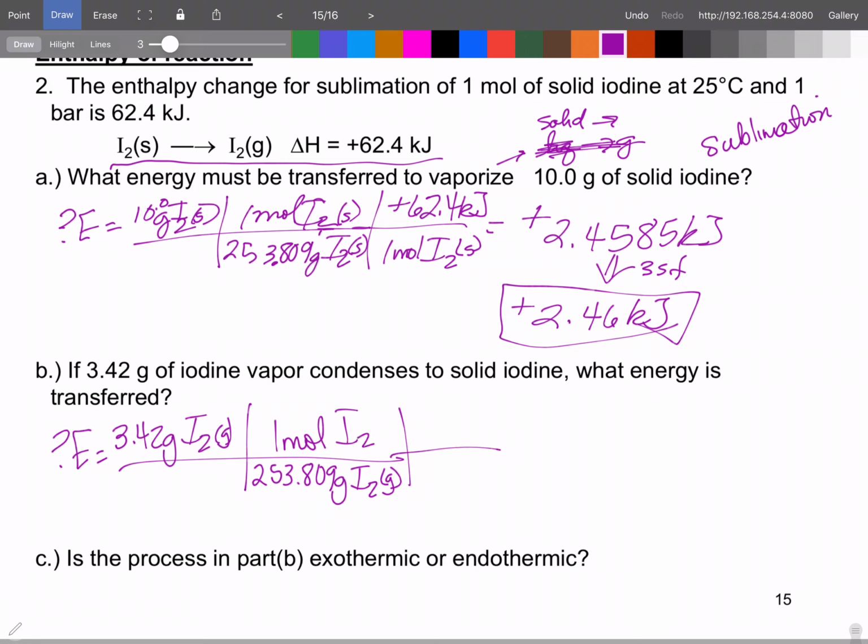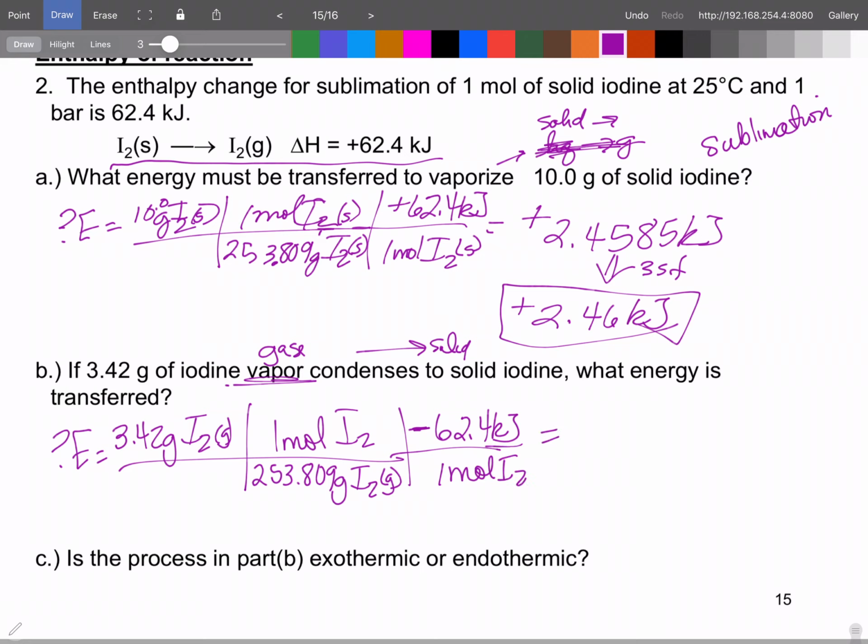But in this particular case, we're going from the vapor, which is the gas, to the solid. So that means we're going in reverse, so we're flipping. So that means that we had a positive, so now it's 62.4 kilojoules per 1 mole of iodide.